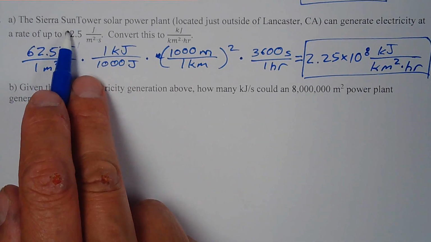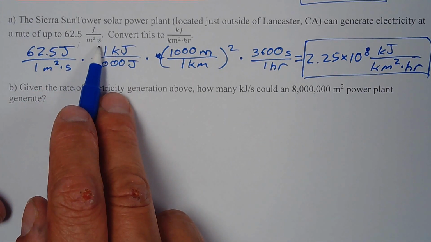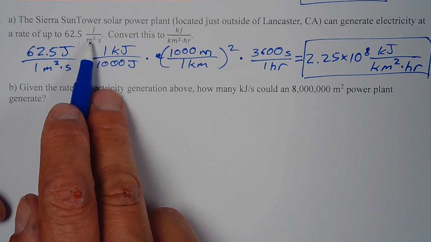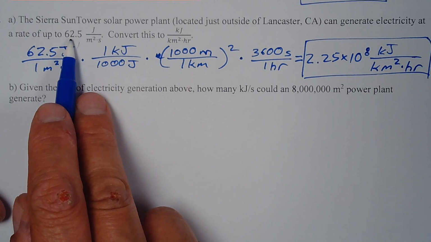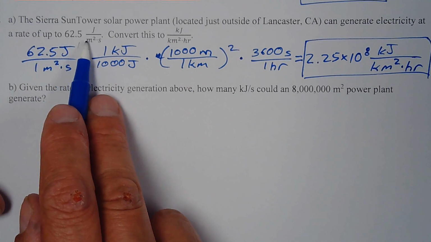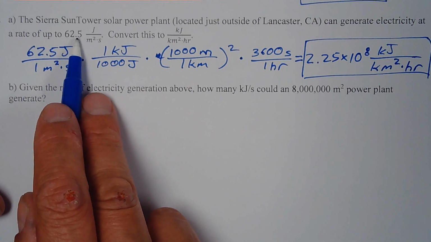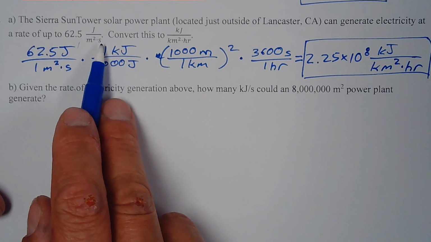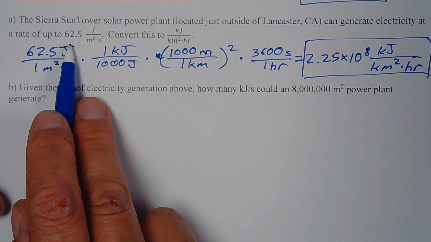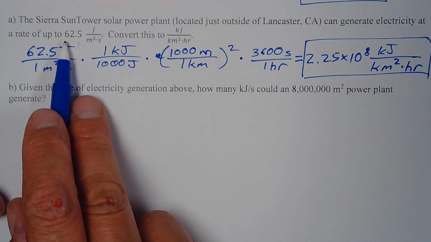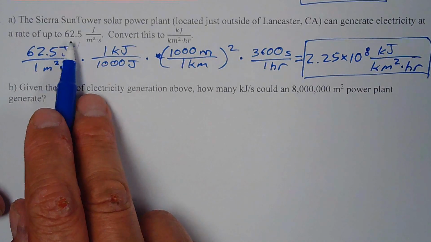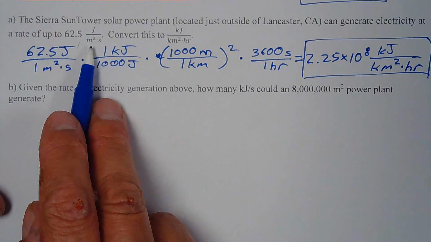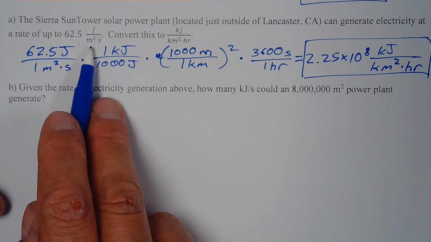Expressing the power per unit area, energy per unit area per unit time, means that if you have a 1 square meter power plant, you generate 62.5 joules per second. If you have a 2 square meter power plant, you generate twice as much. So that would be 125 joules per second.